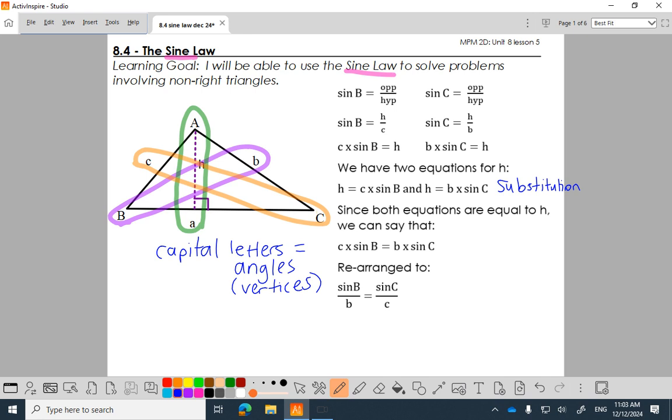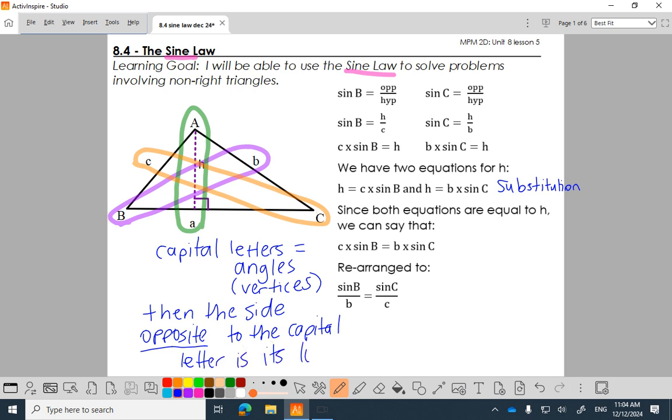Do that first, then the lowercase letter is opposite.